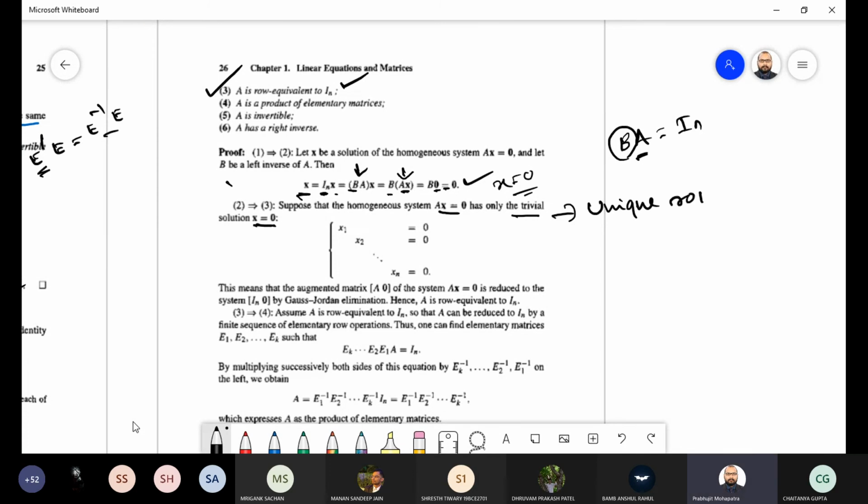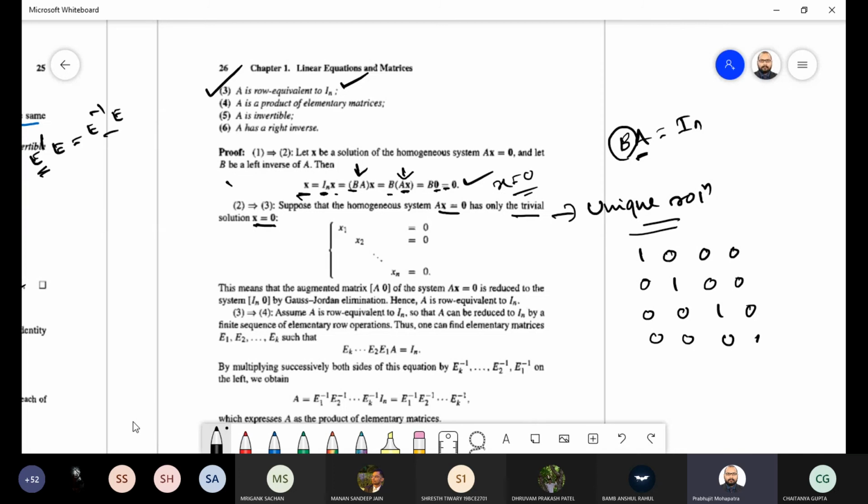When are you going to get a unique solution in row reduced echelon form? When in the row reduced form you have 1 only in the diagonal positions, and there is no zero row.